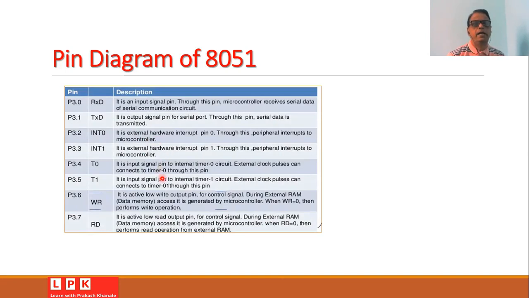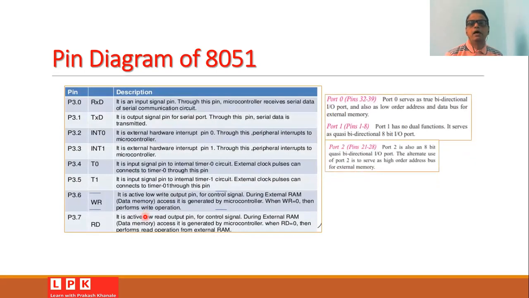Then T0 and T1 are the input signal pins to the timer 0 circuit and timer 1 circuit, so external clock pulses connect to the timers on these pins. Then there is an active low write output pin and an active low read output pin, so these are the read and write control pins.